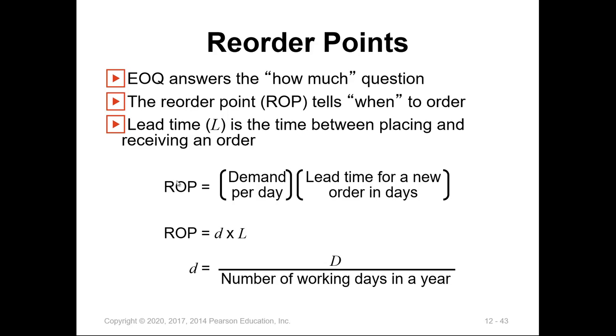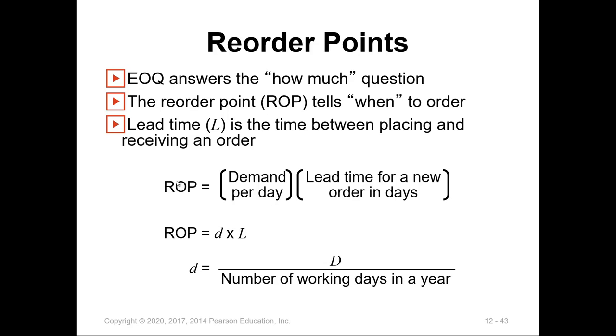A simple inventory model will assume that the receipt of an order is instantaneous. So the firm will place an order when the inventory level for an item is zero. When I don't have it, I will order, and I will receive it immediately.